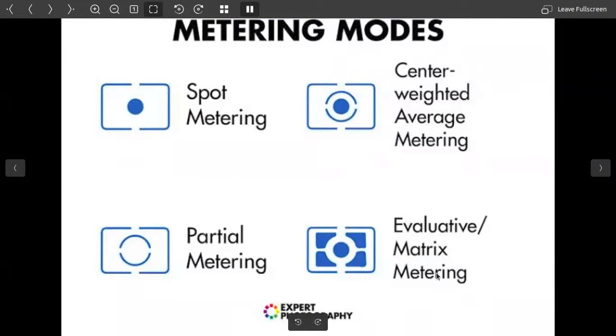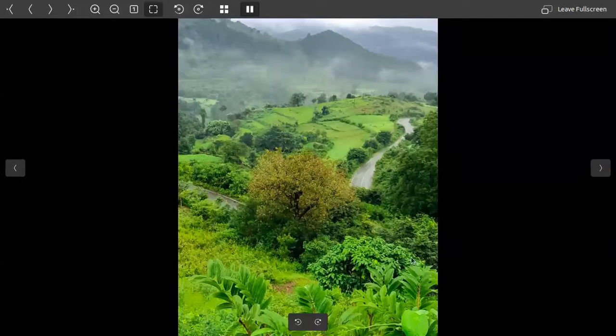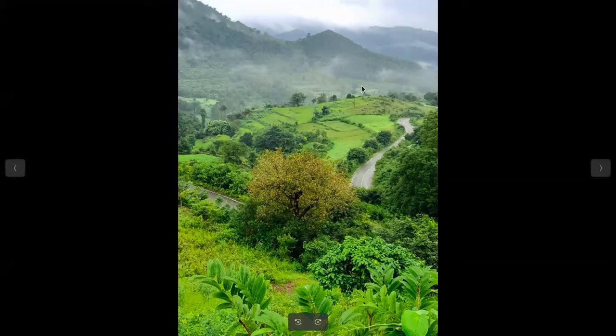So in this method, whatever points are there in the frame, the camera is asking everyone. It is considering the brightness, the contrast value, the color information, the color gradient, and the color tone. Each and every piece of information it is collecting, and depending upon that, it decides whether my ultimate photo will be overexposed, underexposed, or properly exposed, right?